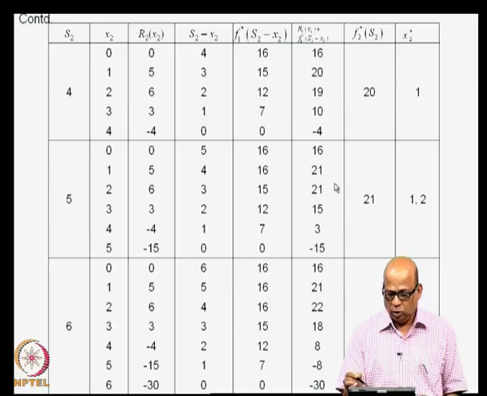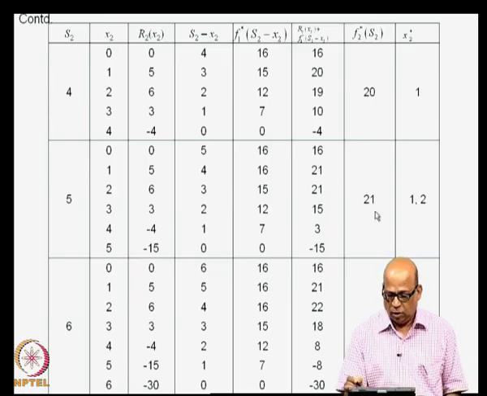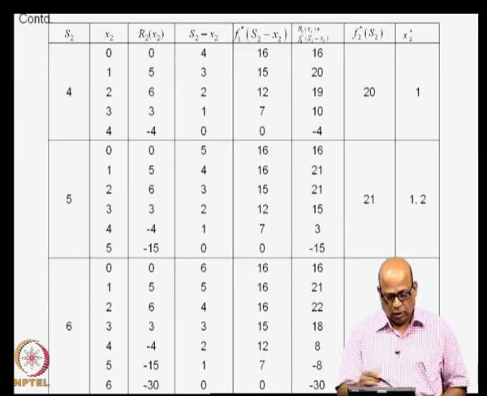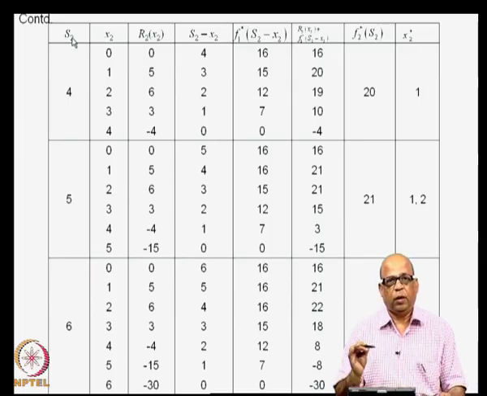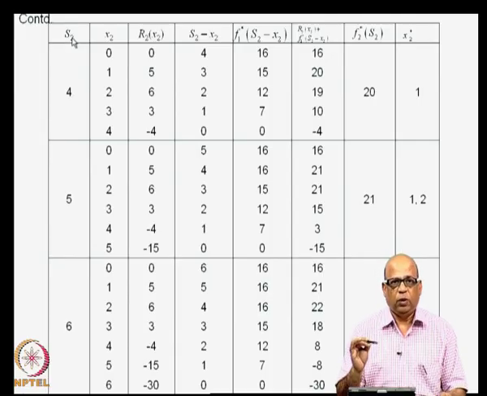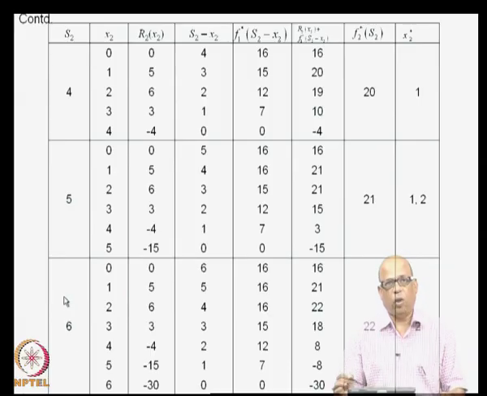So, the maximum value will be 21 out of all these allocations, and it says that if 5 is available, you either allocate 1 or 2 to user number 2, and you get a maximum return of 21. So, like this you continue until you exhaust all possible values of S2. What are all the possible values of S2? S2 can be either 0 or 1 or 2, etc., up to 6. So, you complete for all the 6.